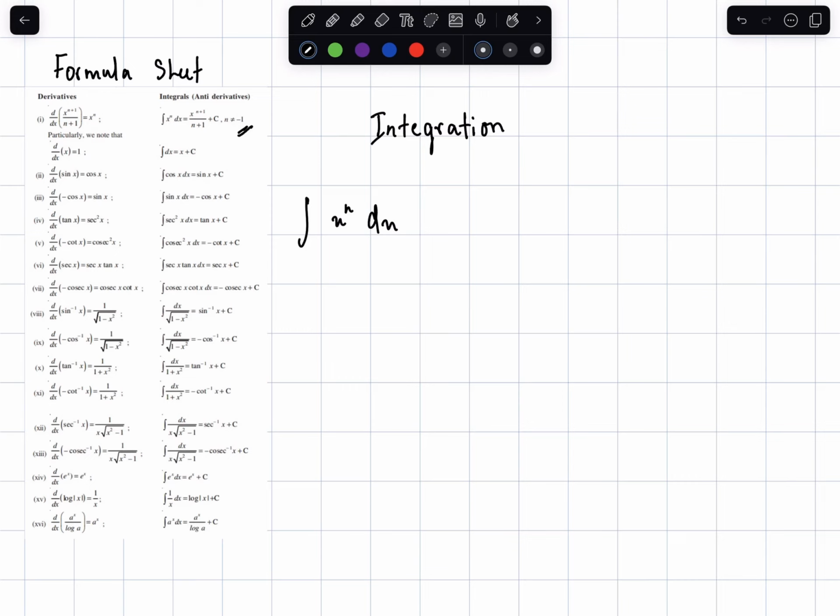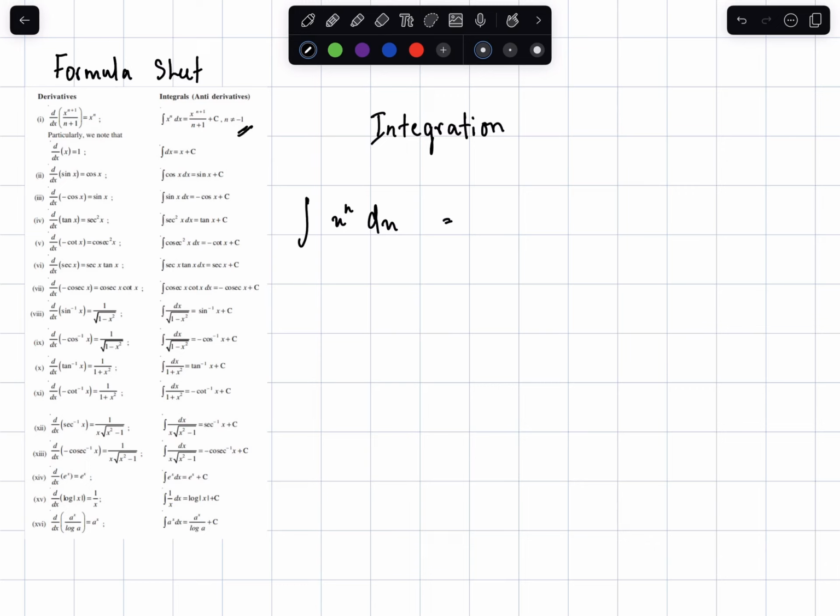Correct? So I have to integrate the function x raised to the power n with respect to x. Simple. That was the definition of what integration is. As you can see, it's very simple.